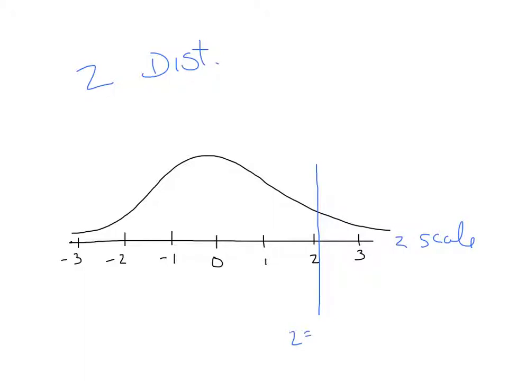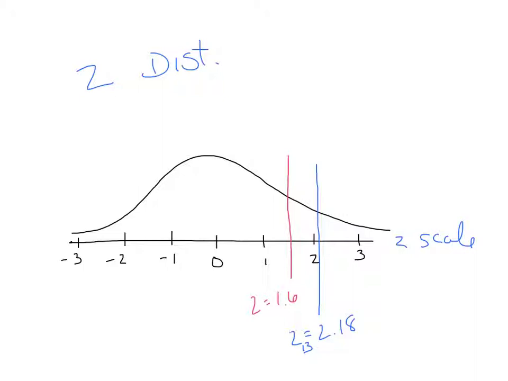Z equals 2.18, and that was bench. We'll switch over the color to red for leg press. She scored a 1.6. So we can see that she scored higher on bench.